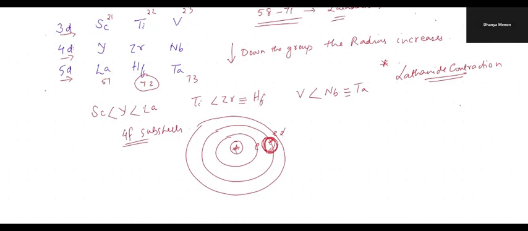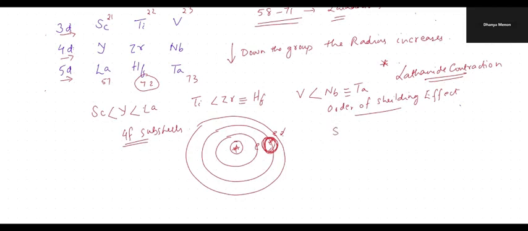Now, students, in case of the orbitals, the most shielding effect is from s orbitals. This is the order of shielding effect I'm writing. Here S has the maximum shielding effect.